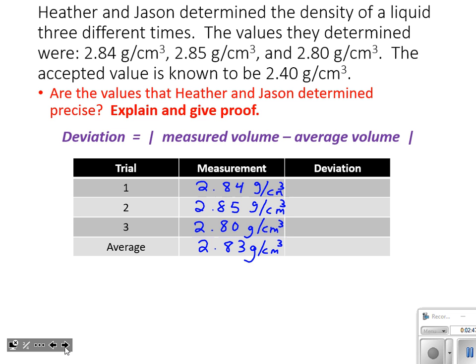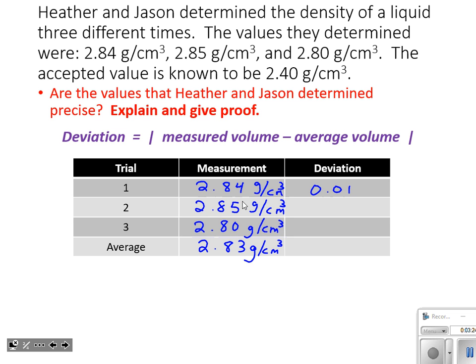So that's my average. As I take the deviation, I can see that this is 0.01. Is that, Nick, the correct amount of sig figs? Got a couple of Nicks in here. Yes, it is the correct number of sig figs. Once again, all of my values over here are in the 100th place, so when I'm adding and subtracting, I need to have it at the 100th.